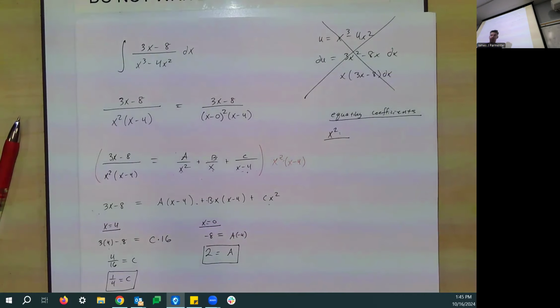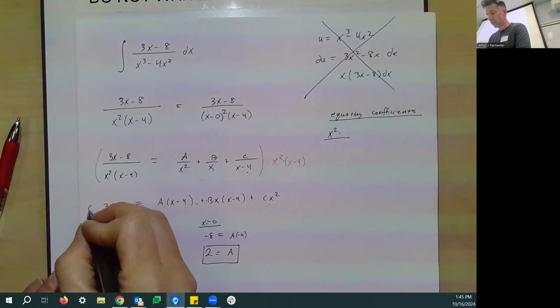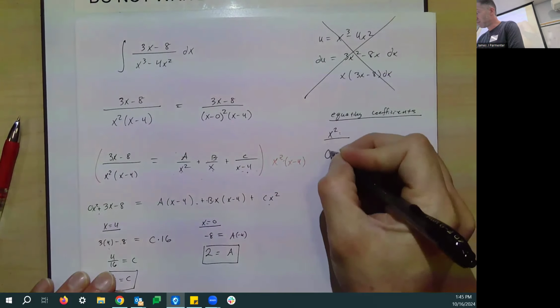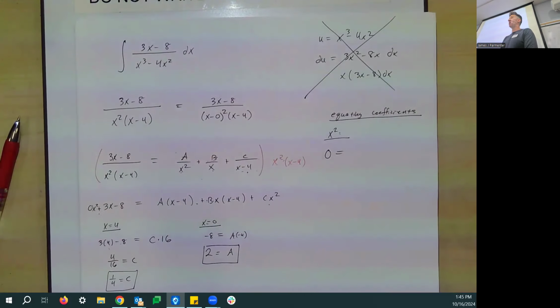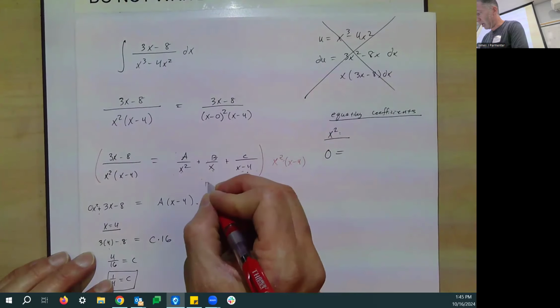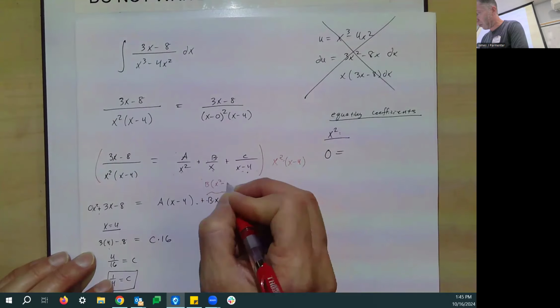So I could, if I wanted to, write this, and it wouldn't change anything. But what that means is the coefficient of x squared on the left side is 0. On the right side, we have a little bit more to the story. If you multiply this out, this term right here would be b times x squared minus 4x.